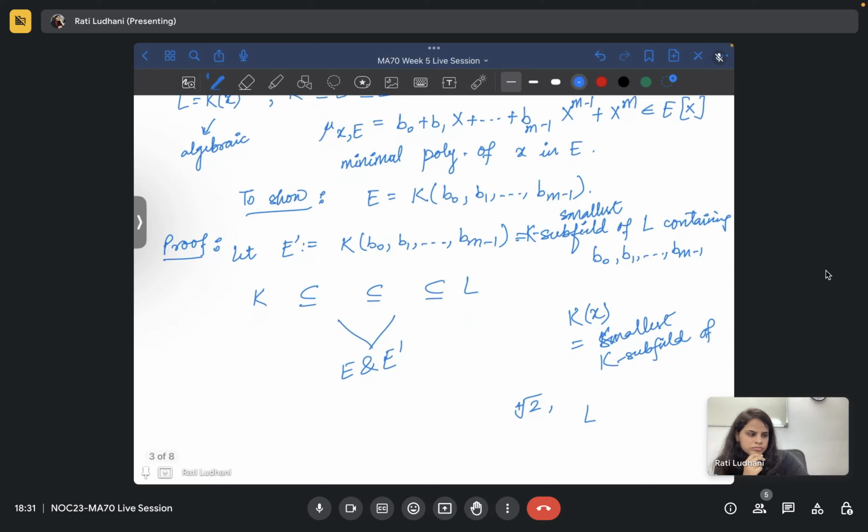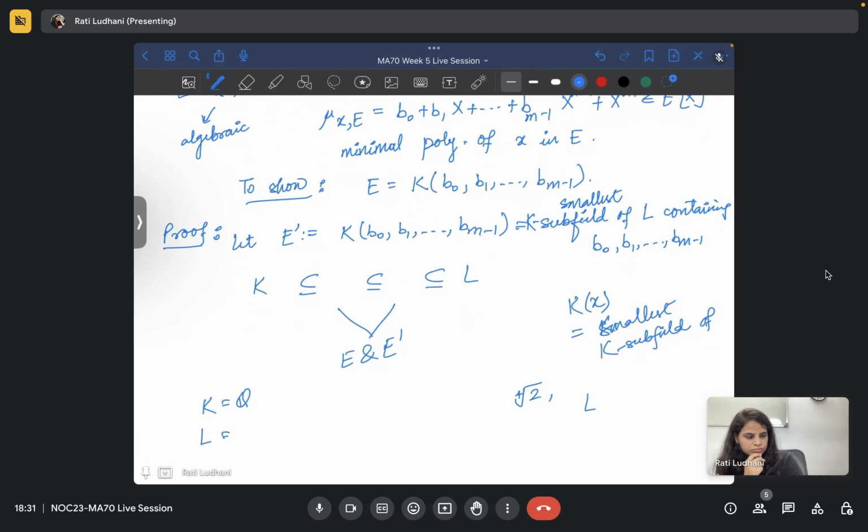So let my base field K be Q. And now my L will be Q(fourth root of 2). Should I write all the fourth roots? Wouldn't it be the same thing? No, why? Because the simplest extension would contain the fourth root, the second root, and 1 itself, right?